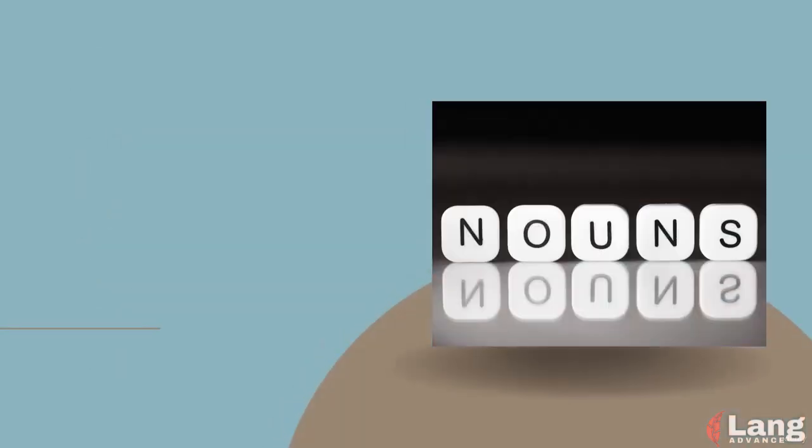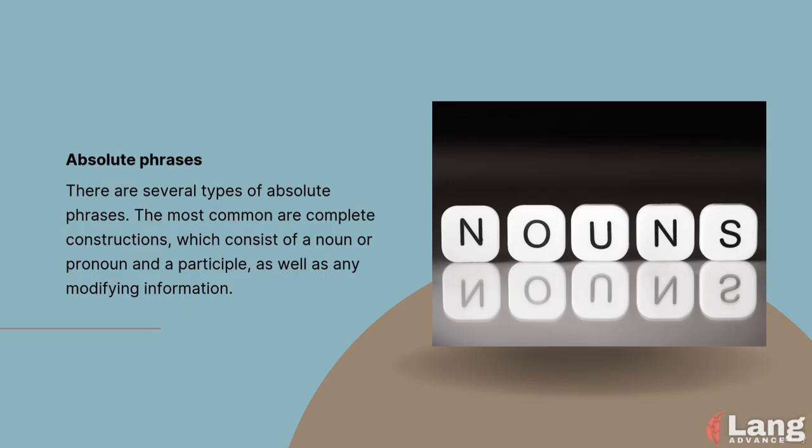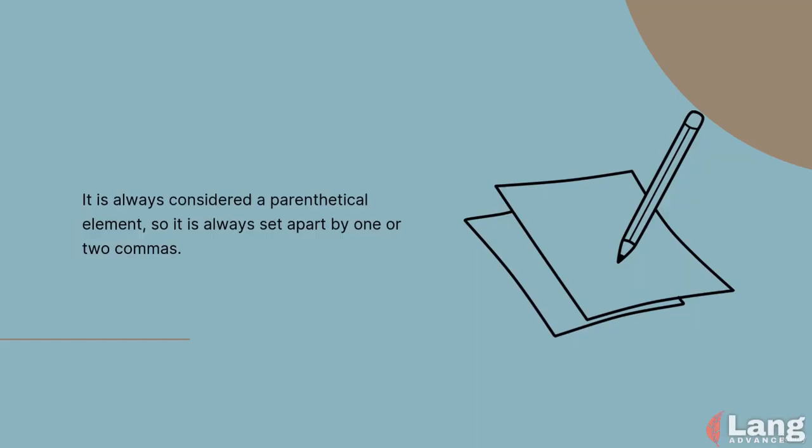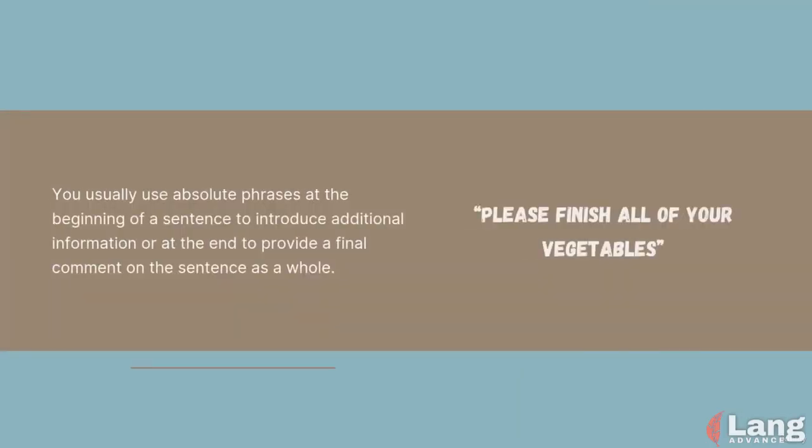Absolute phrases. There are several types of absolute phrases. The most common are complete constructions, which consist of a noun or pronoun and a participle, as well as any modifying information. It is always considered a parenthetical element, so it is always set apart by one or two commas. You usually use absolute phrases at the beginning of a sentence to introduce additional information or at the end to provide a final comment on the sentence as a whole.